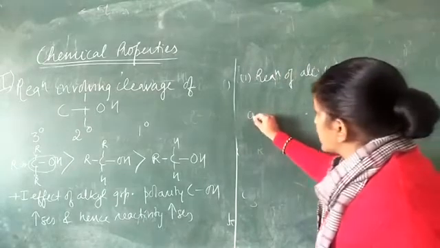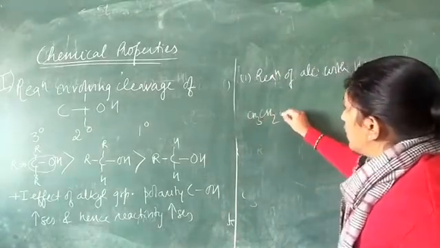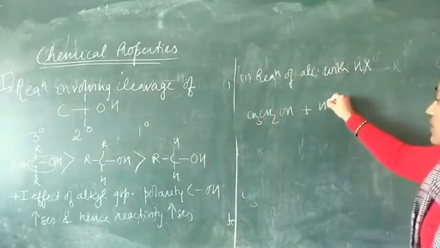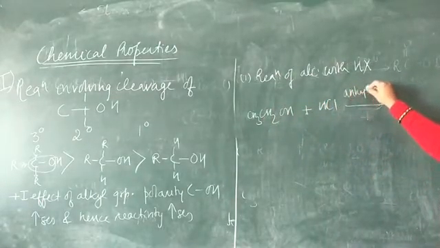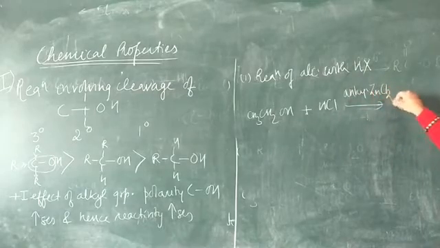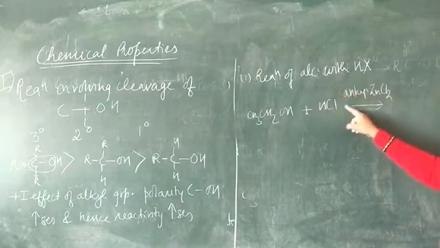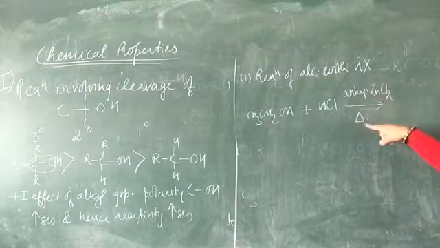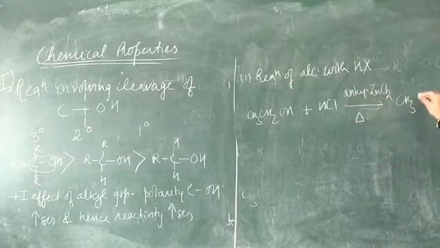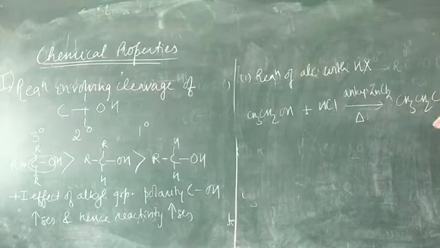If you take CH3CH2OH reacted with HCl in the presence of anhydrous ZnCl2, which is also known as the Groove's process, and this is the Lucas reagent, anhydrous ZnCl2 plus HCl. Students, we have to heat this reaction mixture, and then we get a haloalkane.